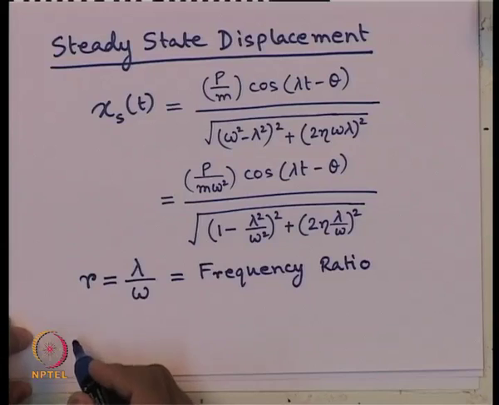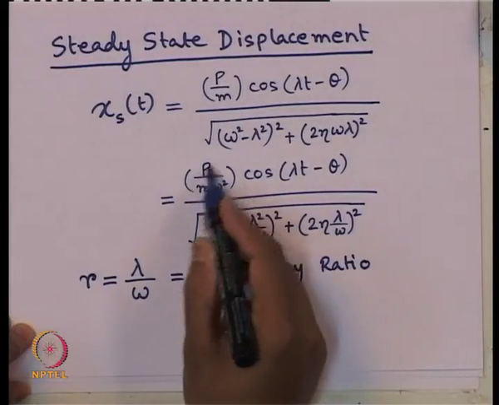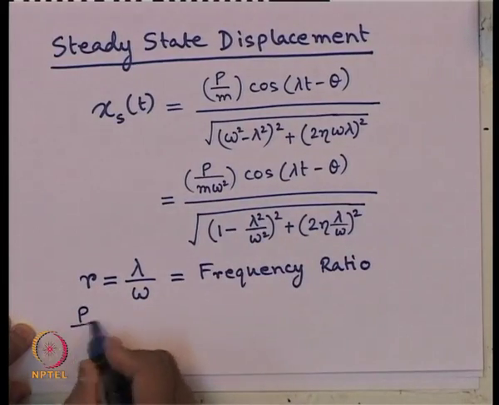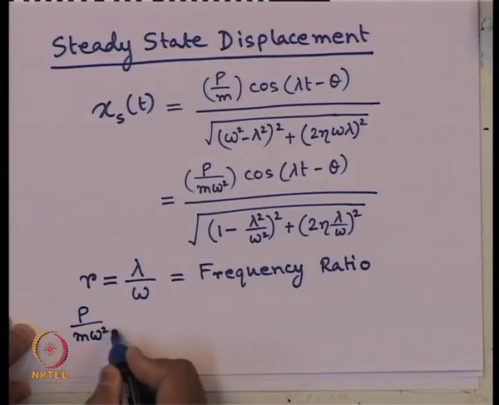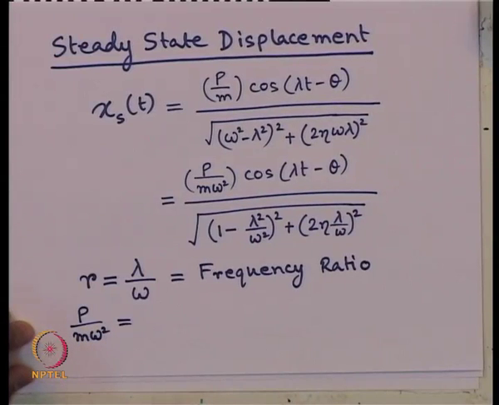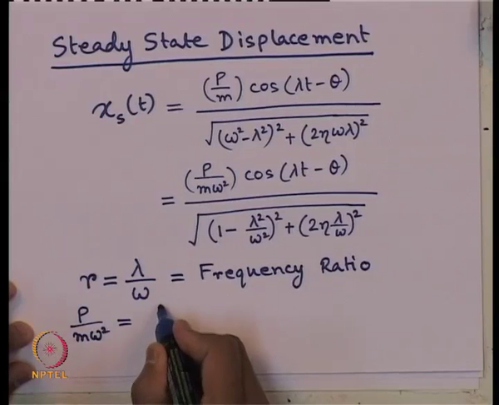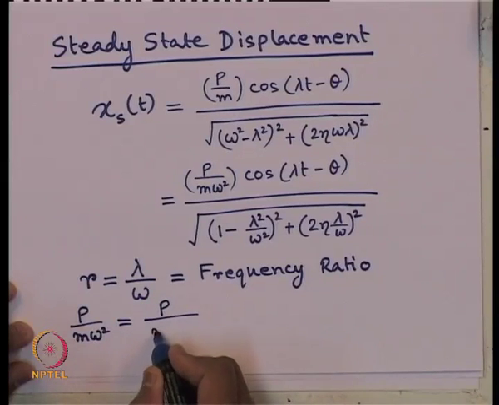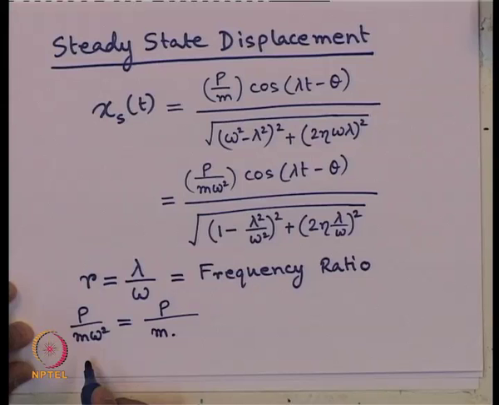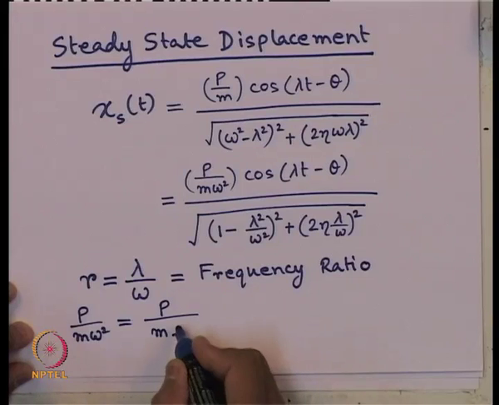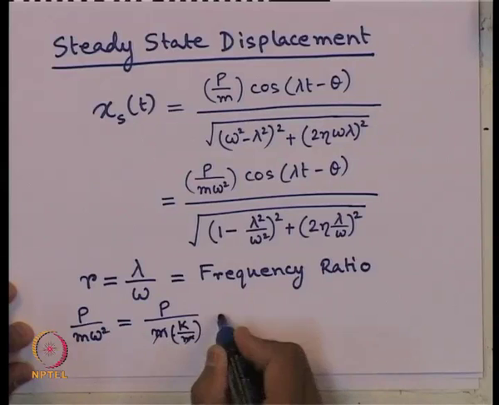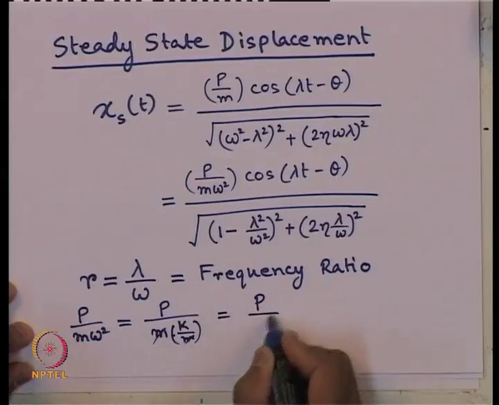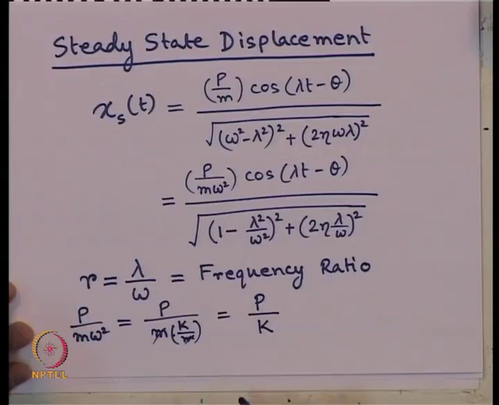And let us look at this term p by m omega square. What can we simplify for this term? It is p by m times what is omega square? K by m. M gets cancelled, I get p by k. Now, what is p by k?